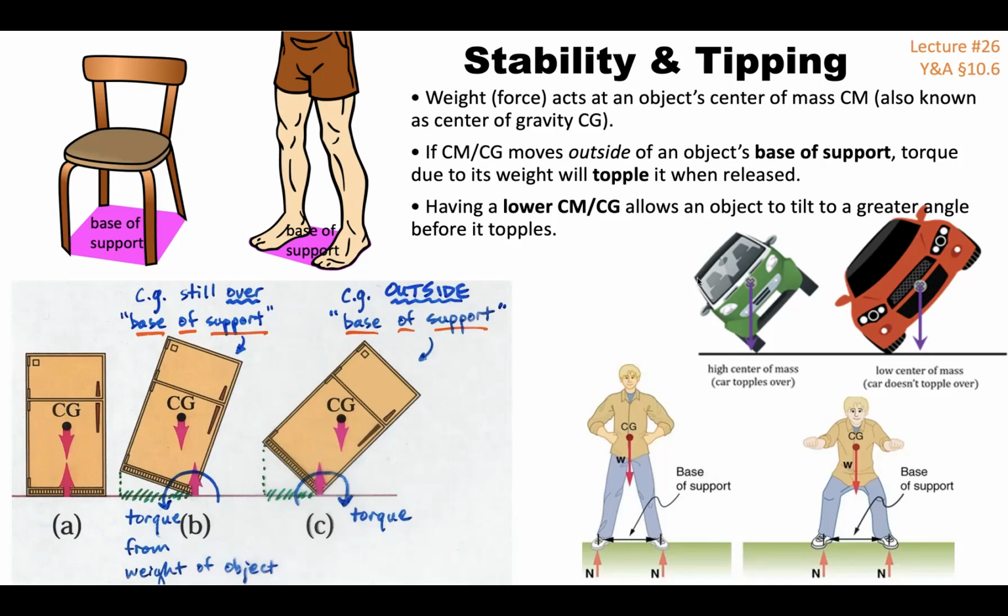And then that makes rolling more likely. So widening your base of support and lowering your center of gravity together means you can tip to a larger angle before your center of gravity passes outside of your base of support. That's when you cross over from the stable to the unstable regime.